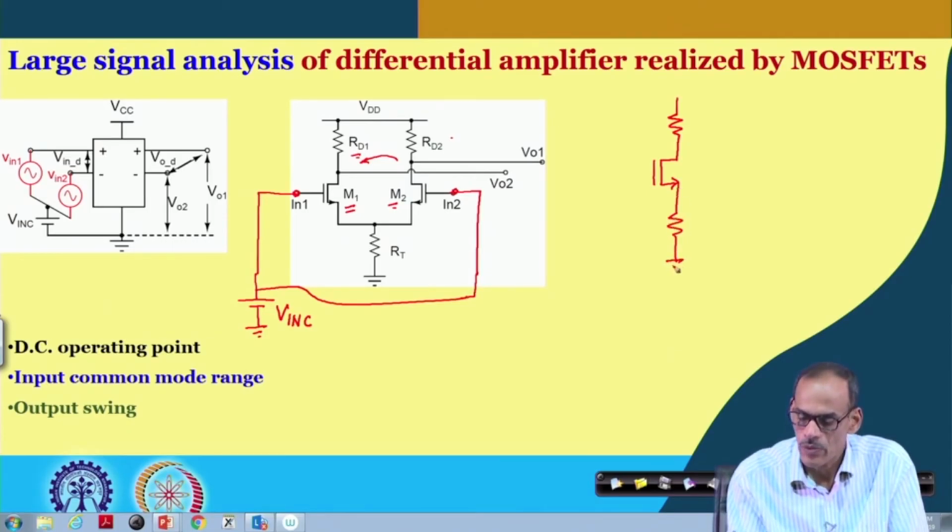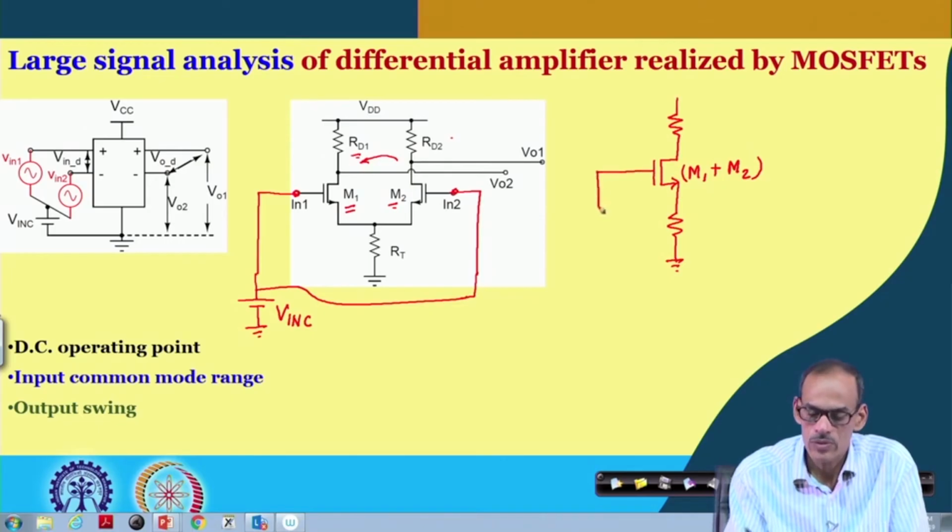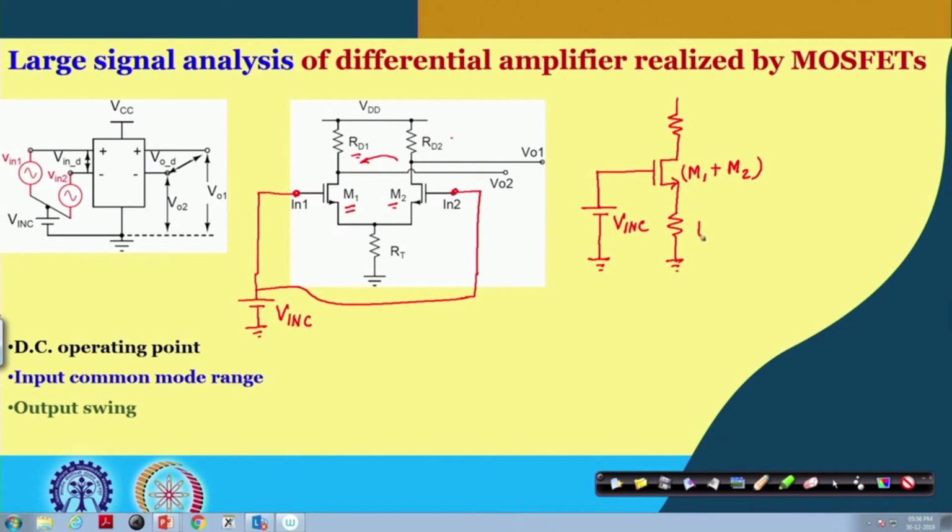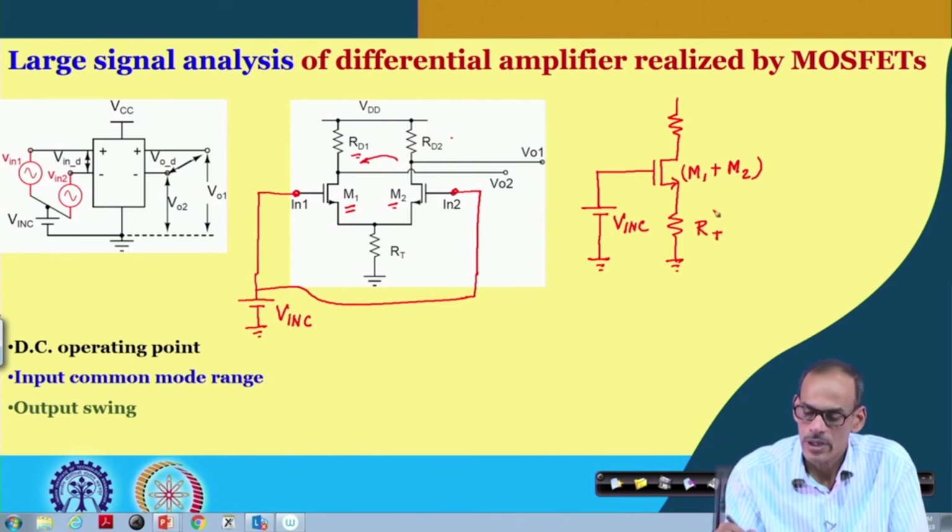chain where we have M1 and M2 connected in parallel, and then here we have V in C, and then we have RT here, and then two RDs in parallel.